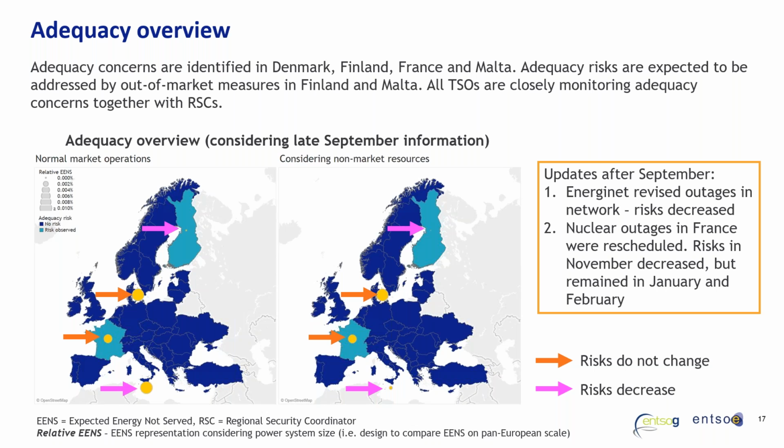Alongside the report, we have country comments where the ENTSO-E colleagues describe the situation in more detail. The second update is related to the nuclear outages in France. Those were also rescheduled, and the risks mainly decrease in November, but they remain in January and February, which we'll see in a second in the next slide.